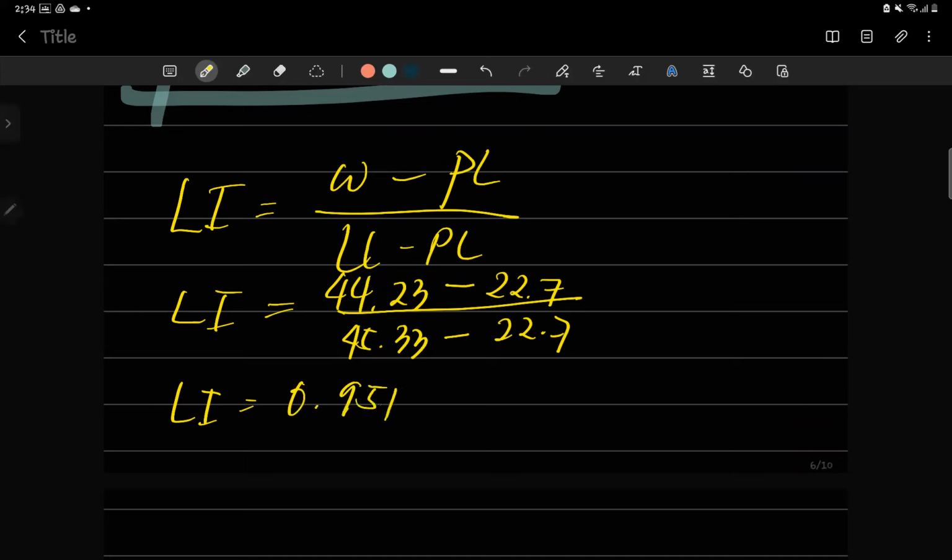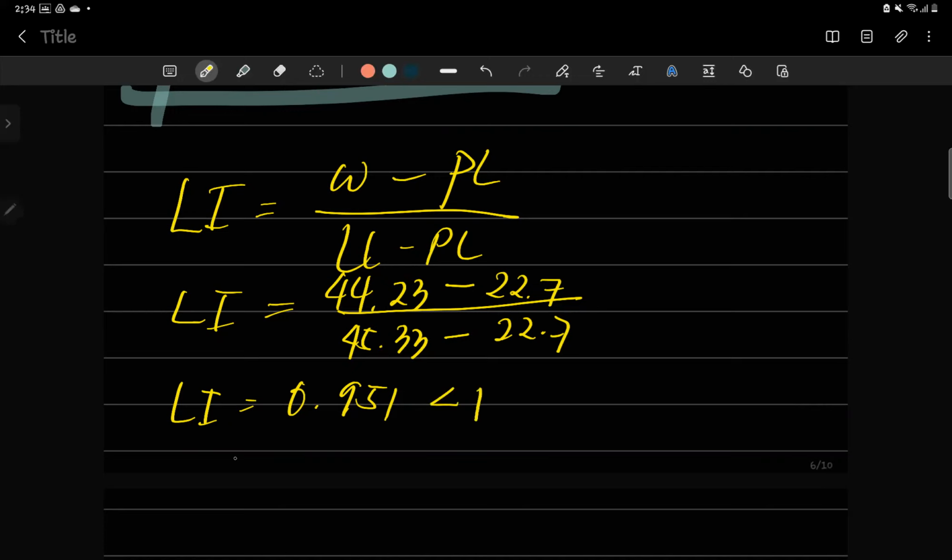So we have 0.951. By the way, we can check the description from our lecture. What is the meaning or interpretation of this value? When we say liquidity index, this is 0.951. This is lesser than 1.